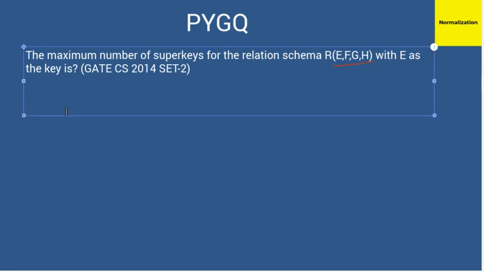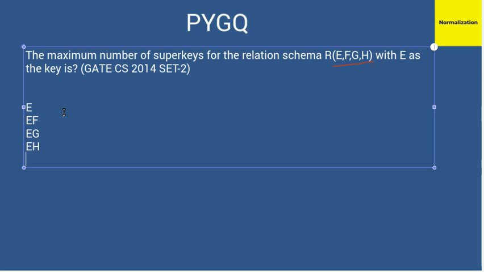So here, what is a super key? It should be the combination of the primary key with any other attributes, and the primary key itself is also a super key. Here it is given that E is a key, so E is one of the super keys. With the help of E, you can find the two-attribute sets EF, EG and EH.